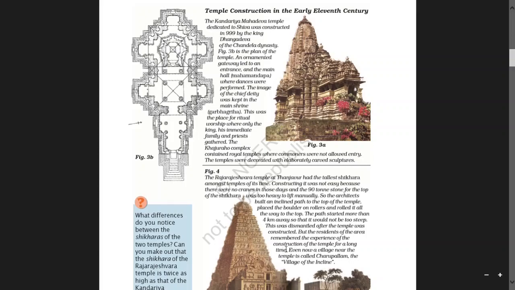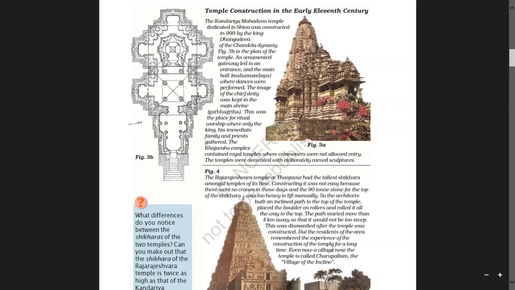Those who were residing in that area remembered how that temple was constructed. They remembered it for a long time.